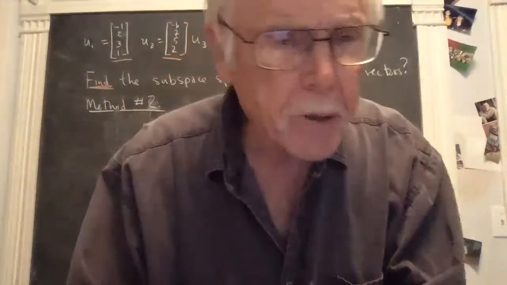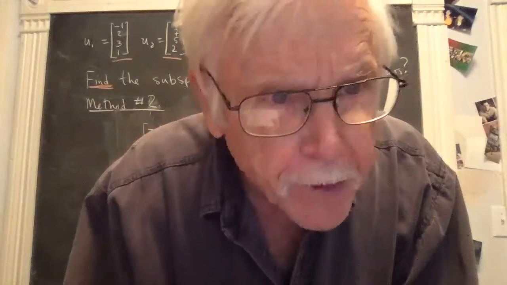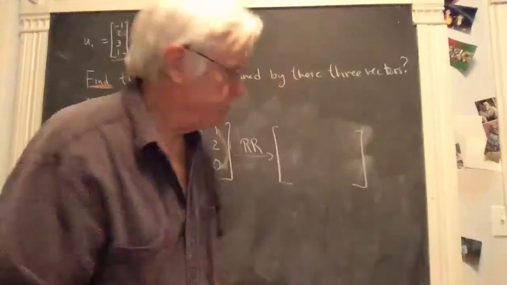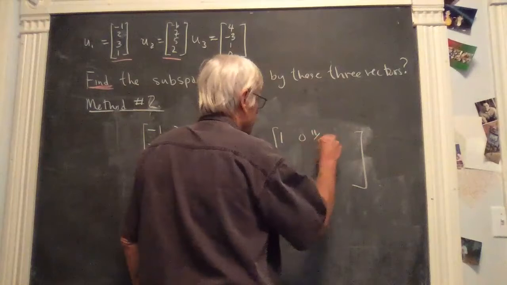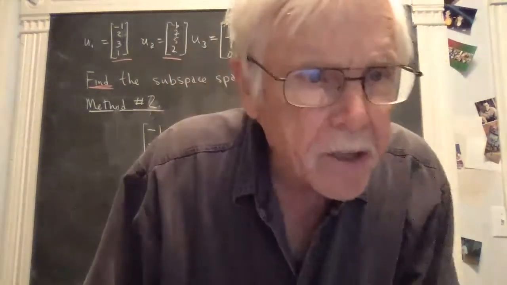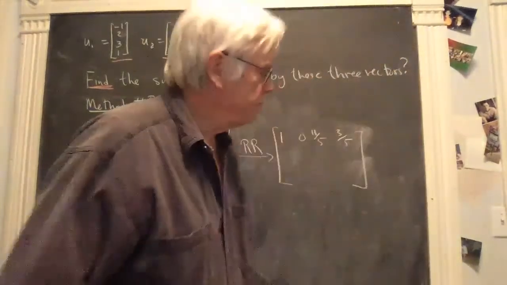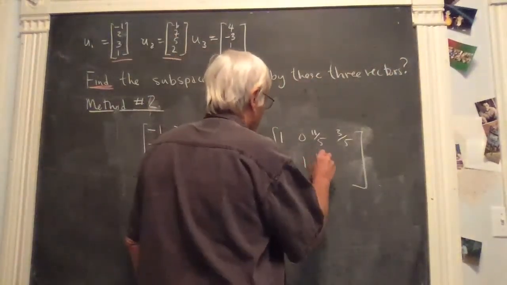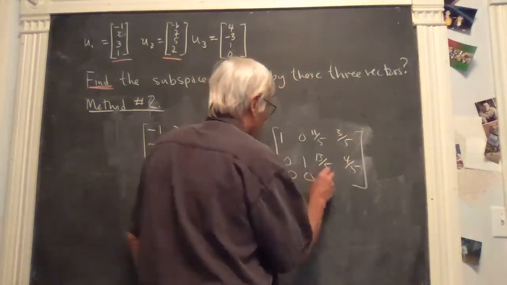And so let's see what we get here. 1, 0, 11 fifths, 3 fifths. And the second row is 0, 1, 13 fifths, 4 fifths, and then 0, 0, 0, 0.